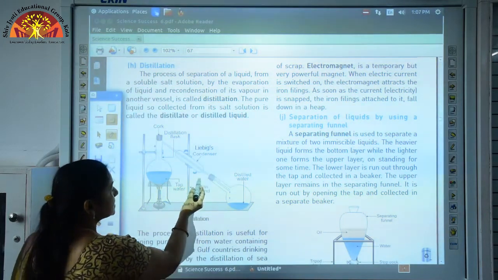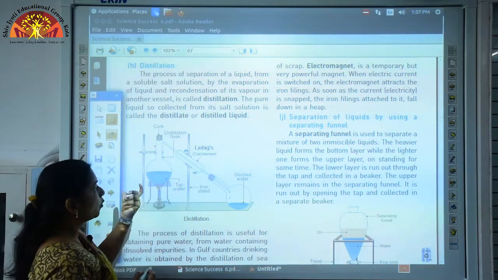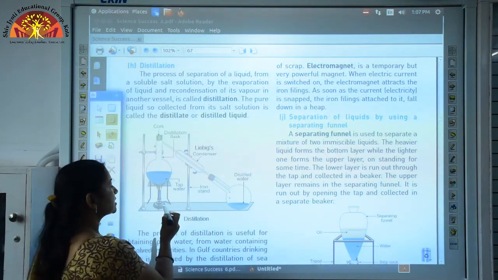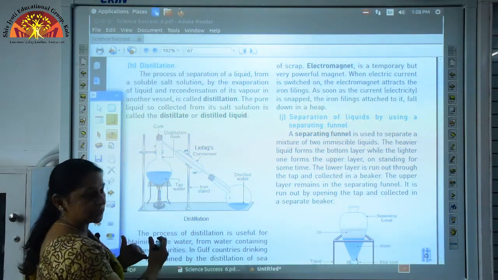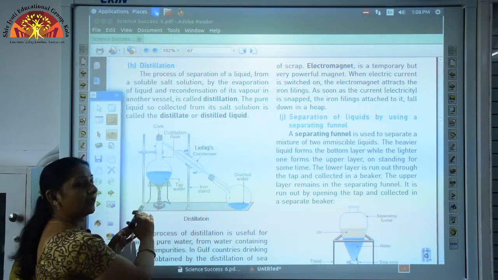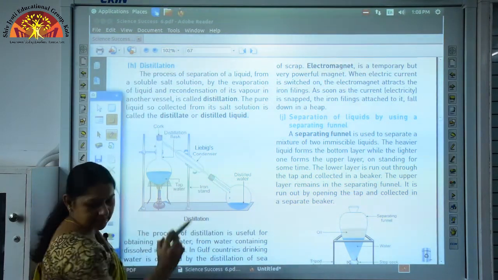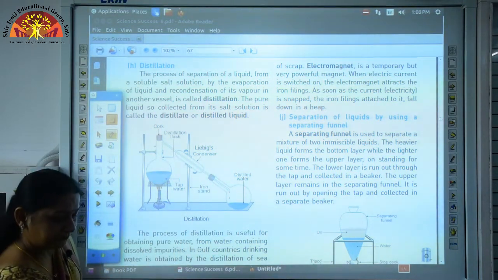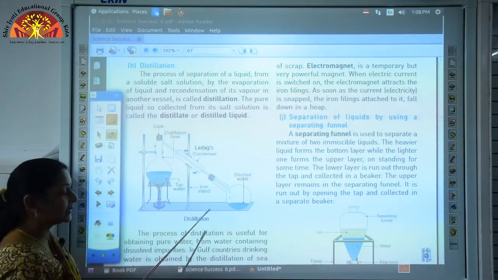Here we can understand distillation with the help of this diagram. What we are doing is, first we allow the liquid to evaporate. First evaporation is done, and then condensation is done with the help of a condenser. Here you can see, this is the process which is showing distillation.